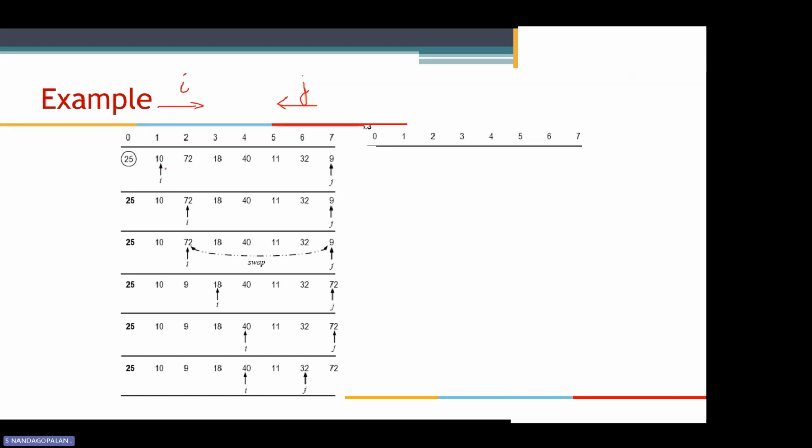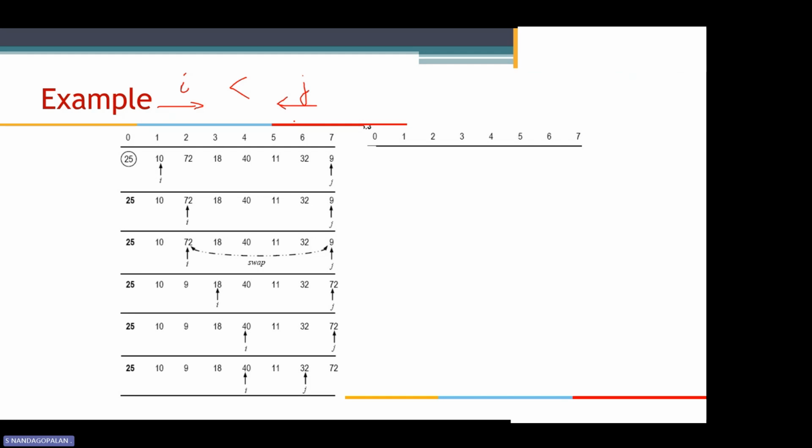As long as the element pointed by i is less than the pivot, keep incrementing i. Stop once that condition becomes false. Then take j, keep comparing that with the pivot as long as the element pointed by j is greater. Once it becomes smaller, stop. Check whether i is less than j.